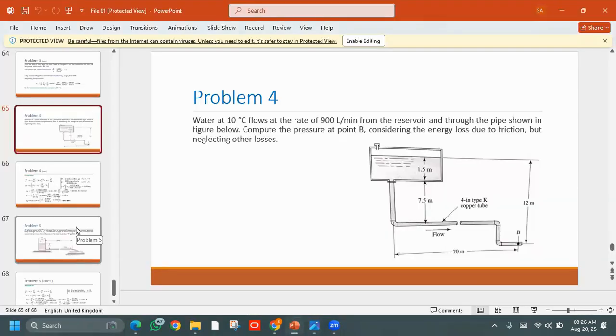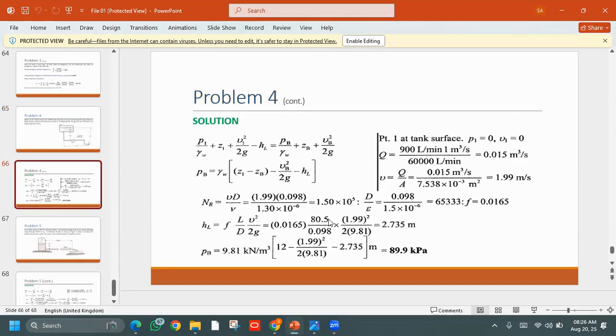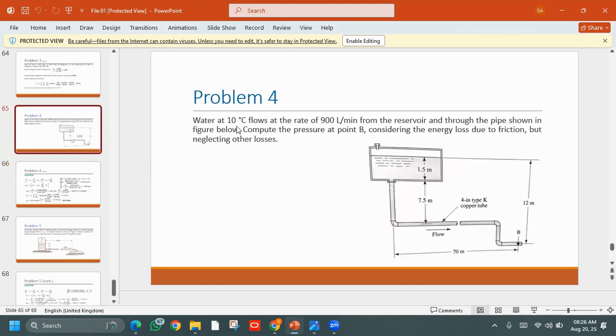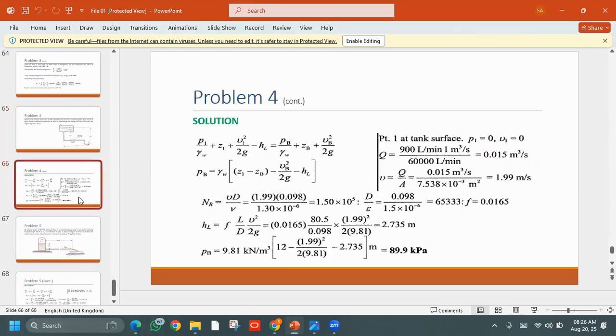So we have diameter 0.0998 from appendix H, and the area we have used is this from the table. So the value of D over E can be calculated, and the value of Reynolds number can be calculated by putting the value of kinematic viscosity, which is, at 10 degrees centigrade, water has the kinematic viscosity equal to 1.30 into 10 raised to power minus 6.